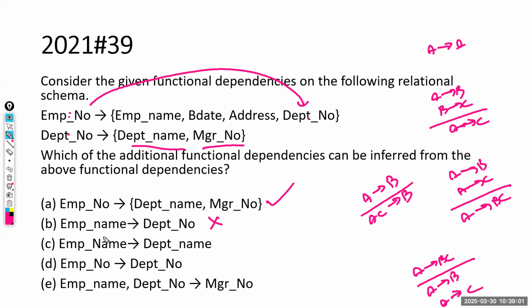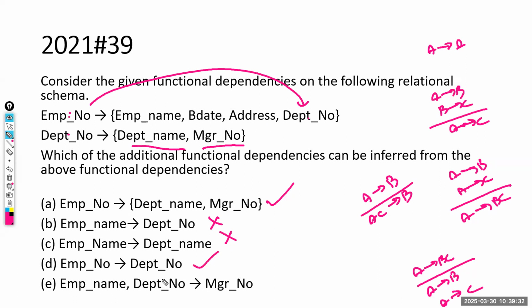Just because you know the employee name, you can't tell the department, because there can be multiple employees with the same name. So no, because employee name is not on the left side. Okay. So employee number determines department number. Yes, you can see employee number determines department number. If A determines B, C, then A determines B and A determines C.